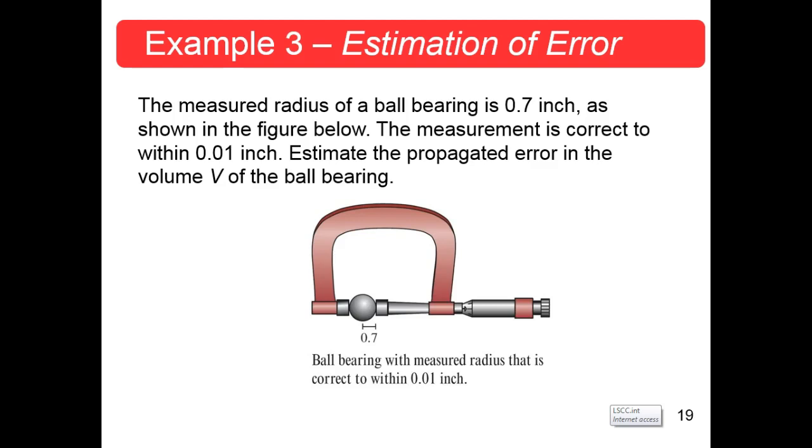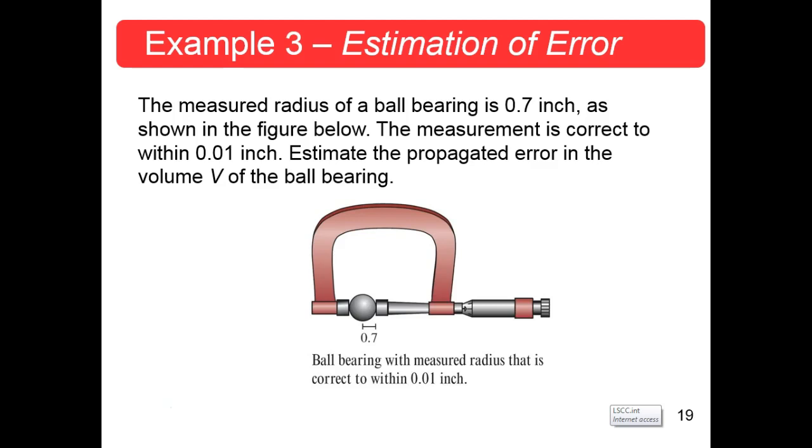A radius is from the center to the edge. How can you get anything to measure from the center to the edge? You can't. You measure edge to edge, which is a diameter. Okay? But they say the measured radius. This is sort of silly. They should be saying the measured diameter of a ball bearing is 1.4 inch. Okay? As shown in the figure below.